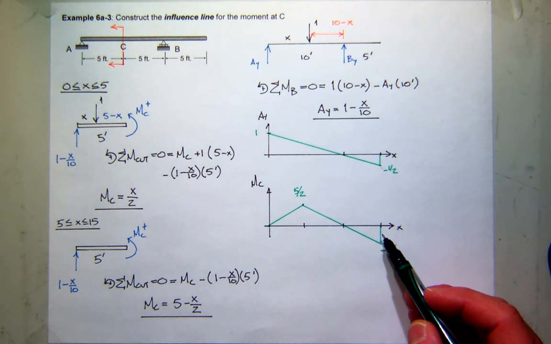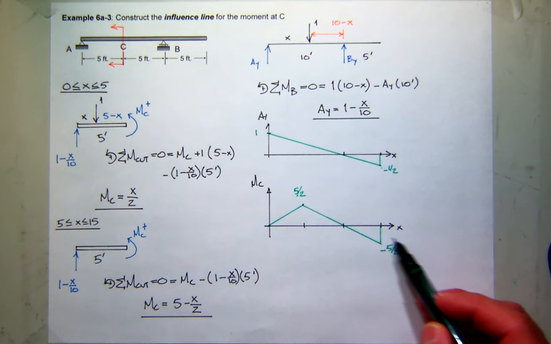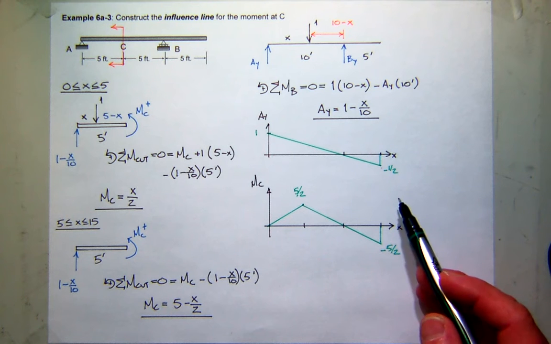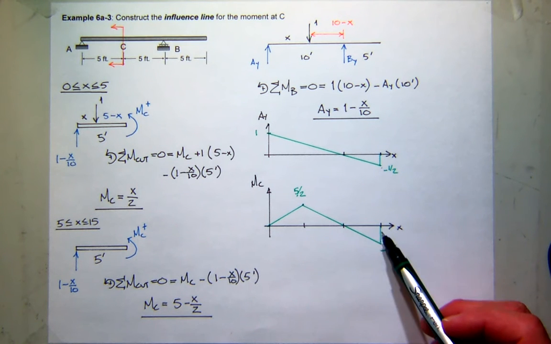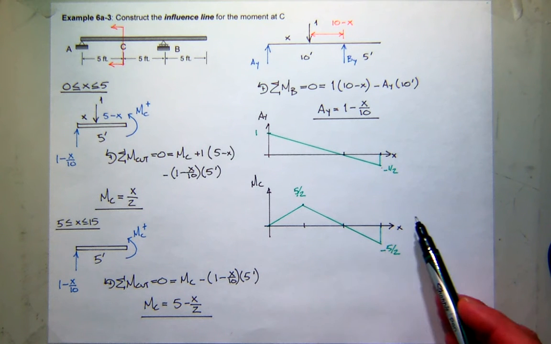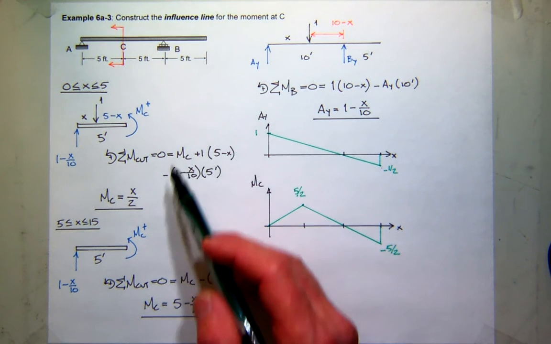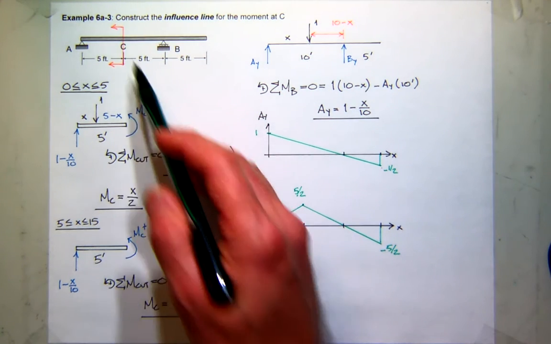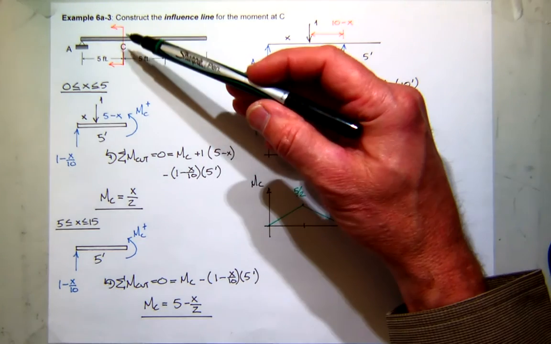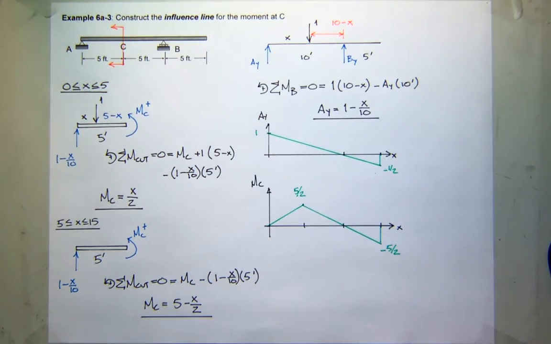Over here you have a negative moment, it would be concave down, your reinforcement would be where? In the top. So a diagram like this might tell you how to handle your moment. Now this is a moving load, so the moment at C can be both positive and negative. You have to have both tension steel and compression steel, if this were concrete, at the same point because of the moving load.